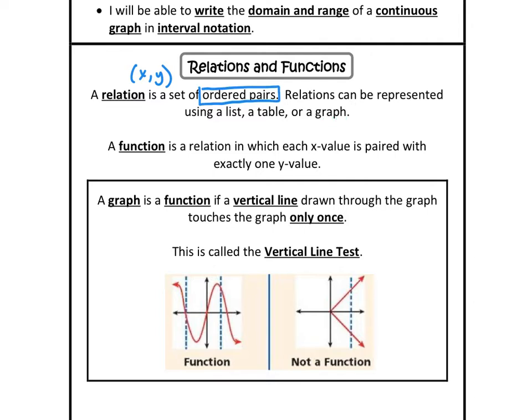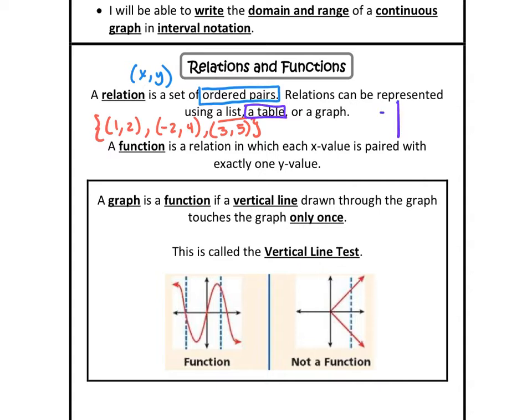Sometimes we have a list of ordered pairs. So, for example, a list might look like something like this. I'm just making up numbers, but we might have a list that looks like this. Let's see, 3, 5. This is an example of a list. Let me give you an example of a table.